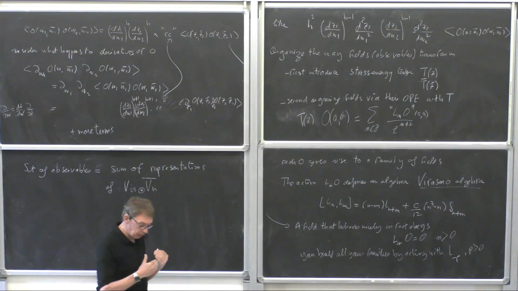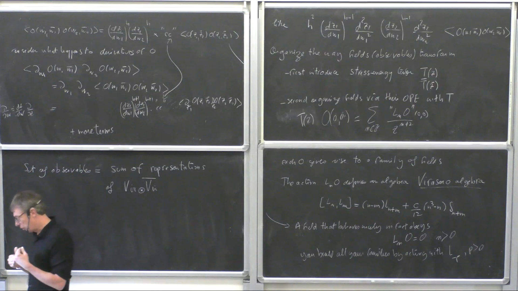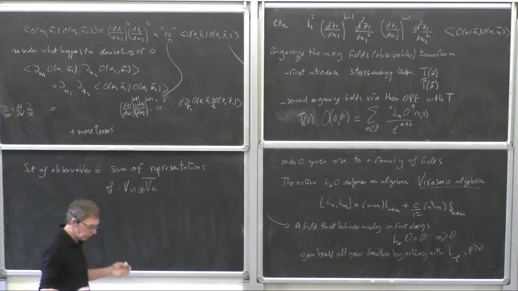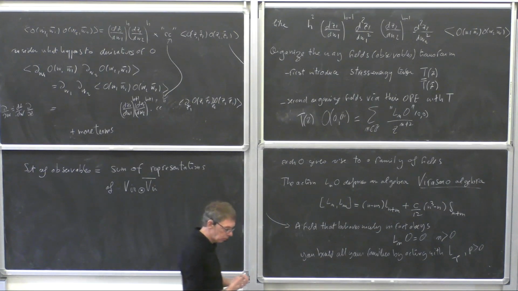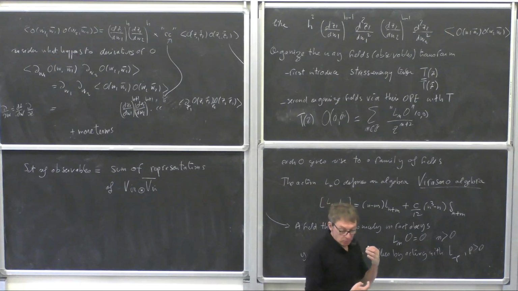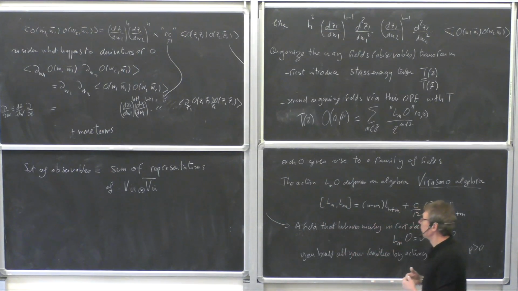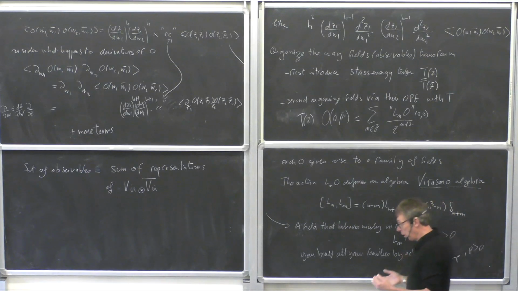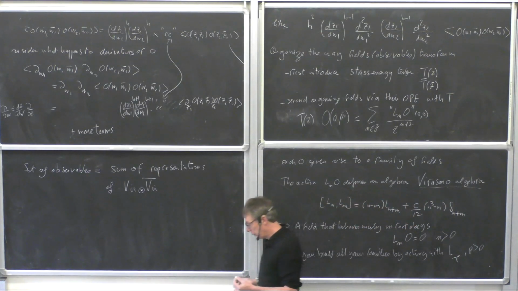So it's not like when you have a gap, because when you have a gap, certainly the excitation with the smallest mass is a natural object to consider, and then you can ask yourself what happens if you have two excitations and so on and so forth.